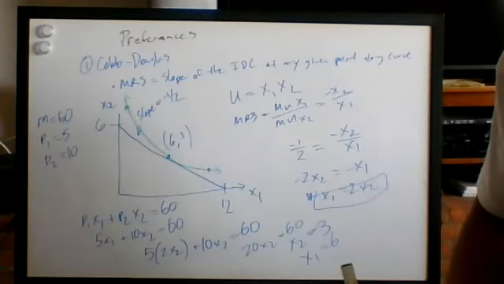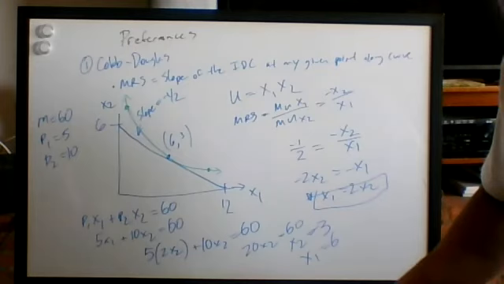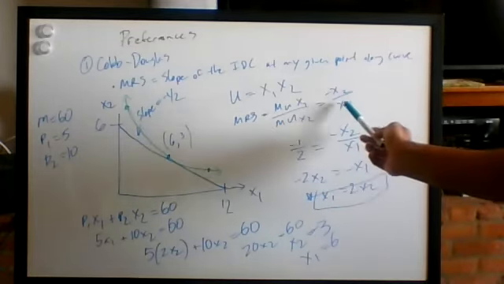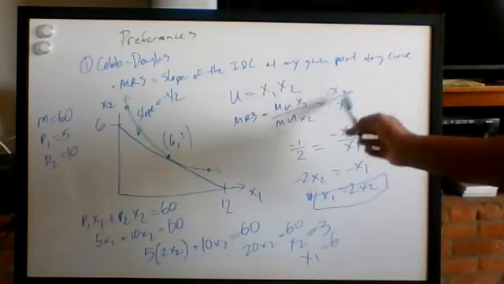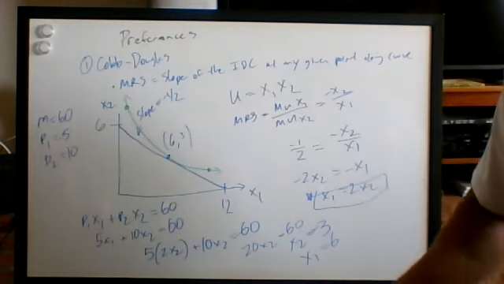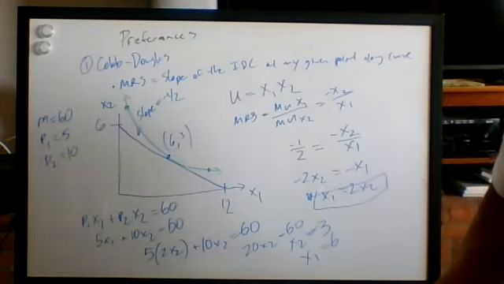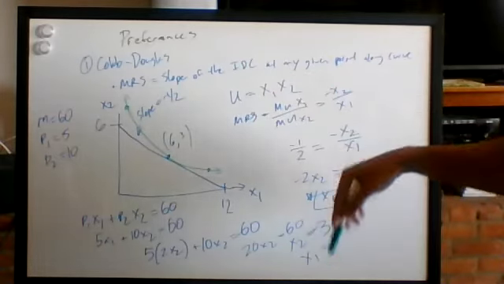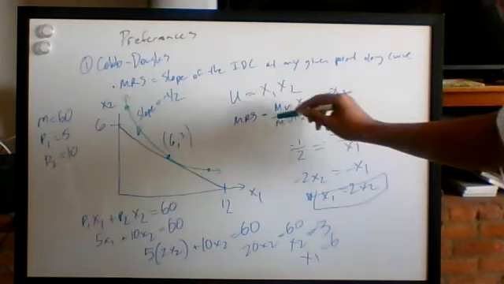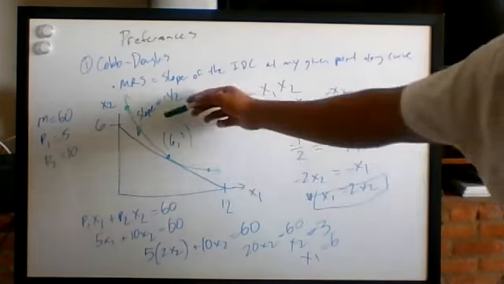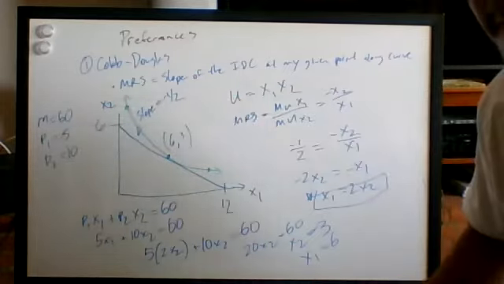So I guess what I will say is that if you were to physically plug 6 and 3 into these values right here, it would be the inverse of the slope. So you can think about it that way. But I don't like to get too technical about the relationship between slope and whatnot. I think it's just important to know that the MRS in general is this and this, and how it relates to slope in general. Okay, thank you. No worries.